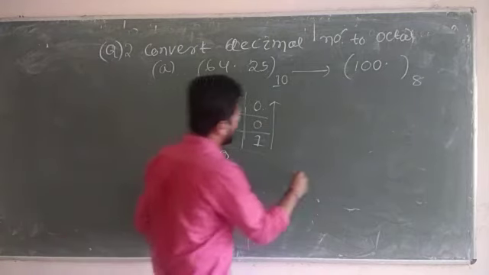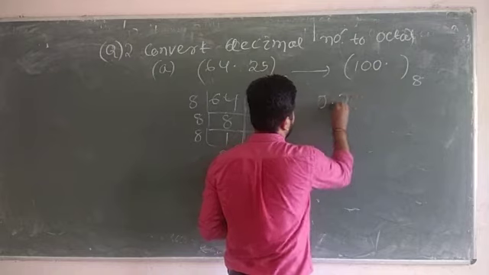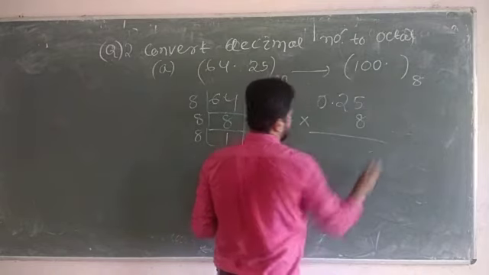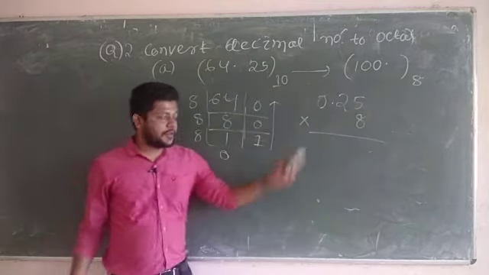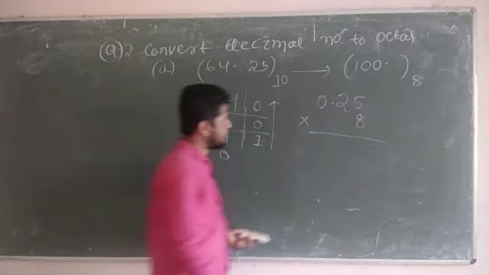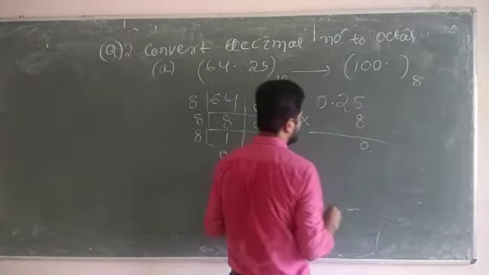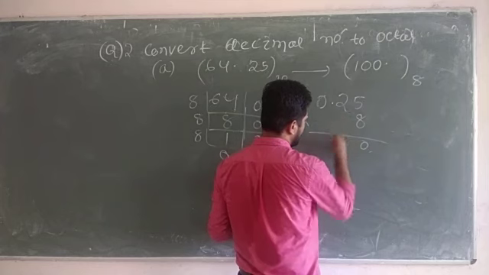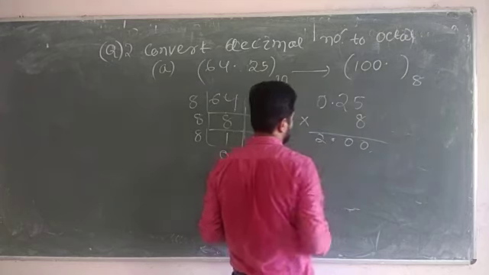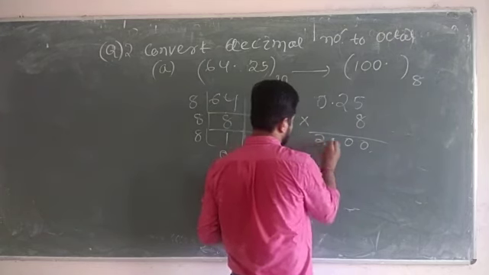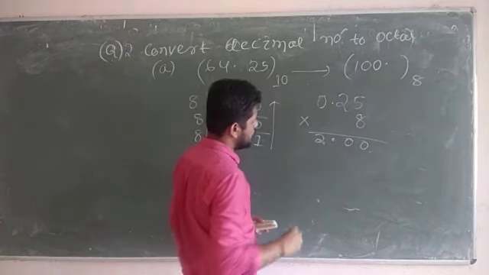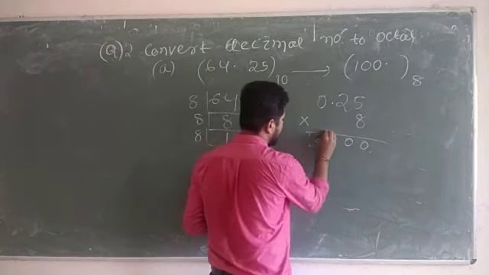So how to convert 0.25? Here, 0.25 multiplied by 8, because I want to convert it into octal. So 8 into 5 is 40. That means 0, and 8 into 4 is 32, no, 8 into 25 gives 2.